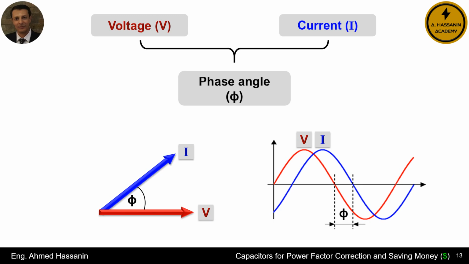So, while the voltage applied to a motor is the same as that applied to a heater or a lamp, the form of the current required by the motor is different from that required by the heater or lamp. As a result, the phase angle also differs. This difference is due to the variations in the internal components of each electrical load. Therefore, I will now explain in more detail the differences between these components or elements.